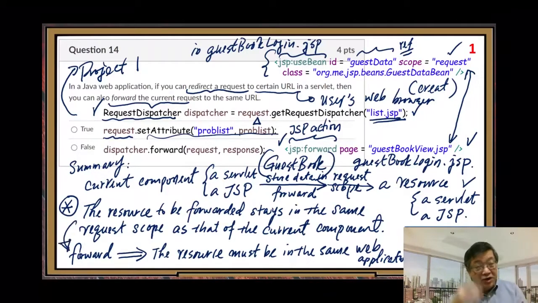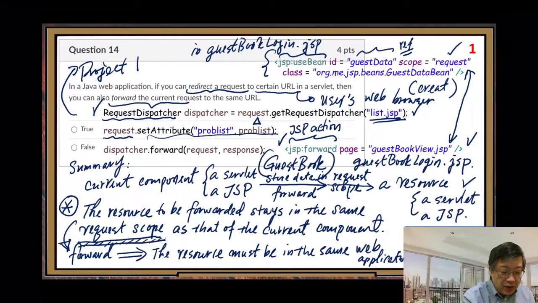The first tells you these two components, the component and the resource (the resource we can also call a component), share the same request scope.